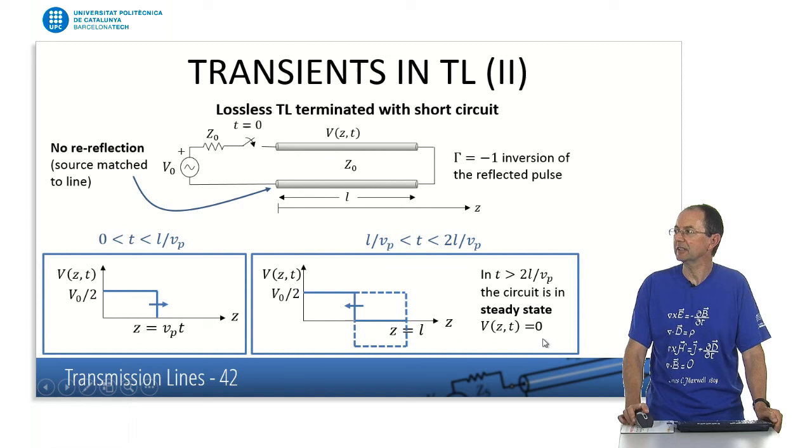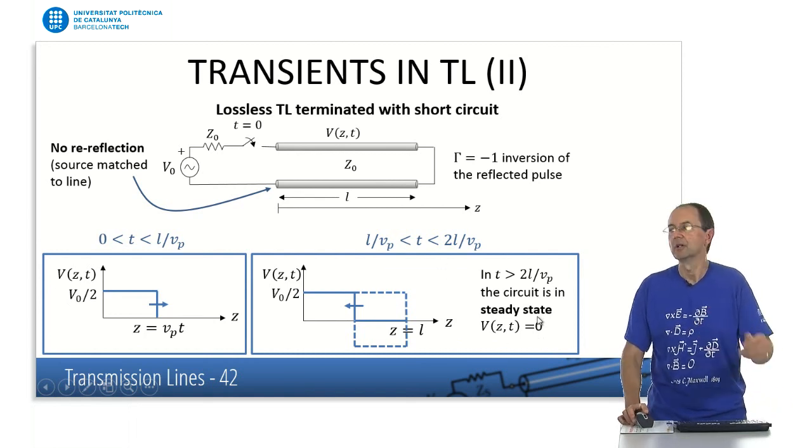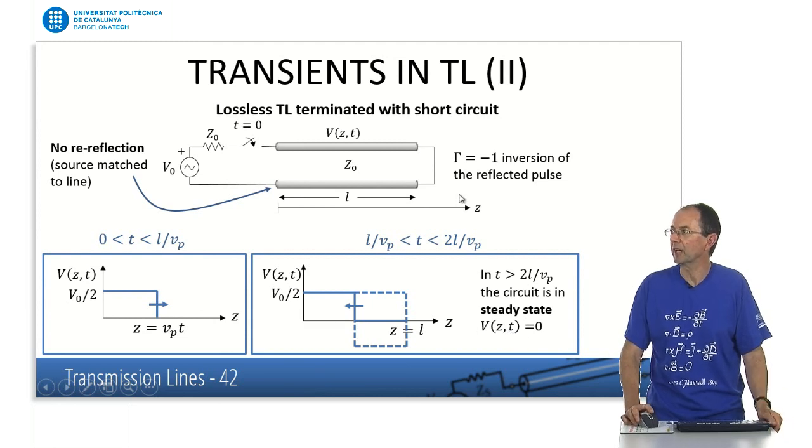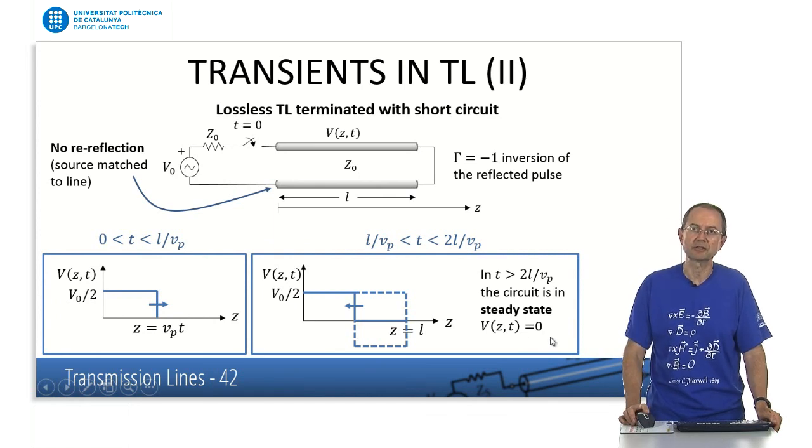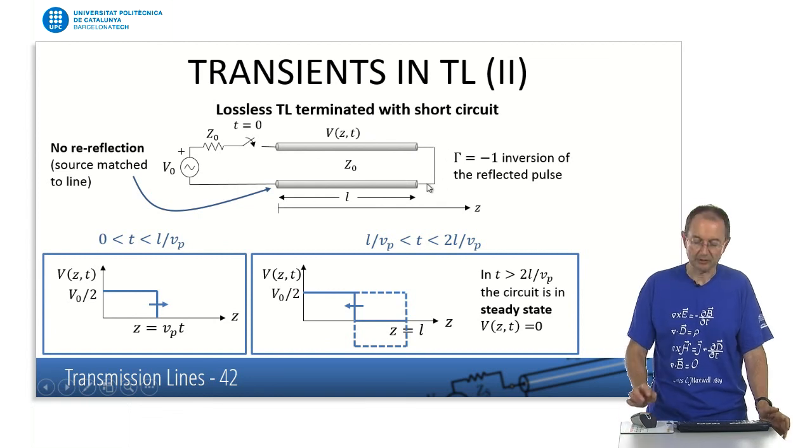So the steady state of the whole transmission line, when enough time has evolved for the reflection to come back to the input of the line, is that the whole voltage of the line is 0. That's a steady state, which is natural because when the delay disappears, everything is short-circuited here.